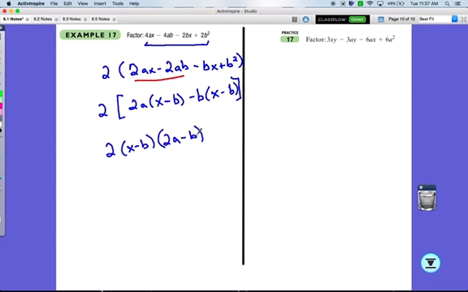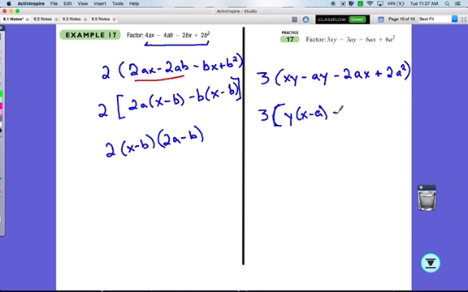All right, so they all have a 3 in common, which leaves me with xy minus ay minus 2ax plus 2a squared. I can factor out a y from the first two, so it leaves me with x minus a.